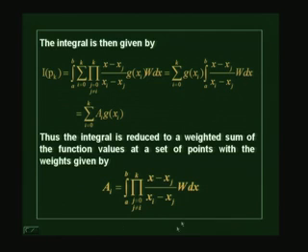Now we are reduced to only finding the values of the xi's. Once we know that, we know how to compute ai's given the order of the polynomial, and then we can construct the integral as a weighted sum of the function values at those points.